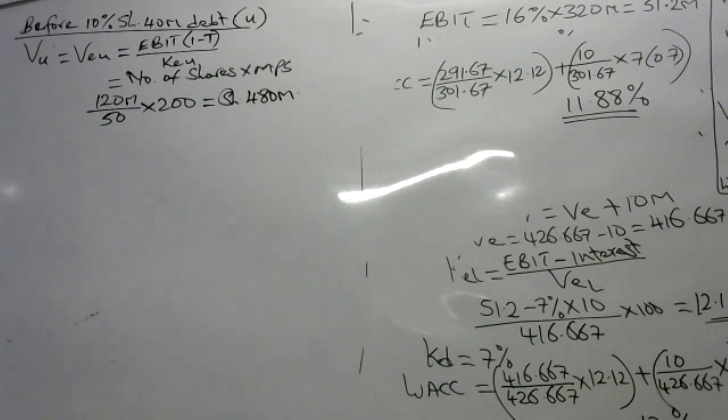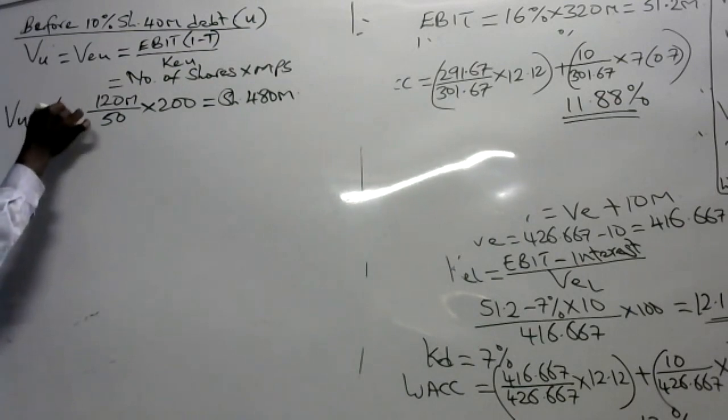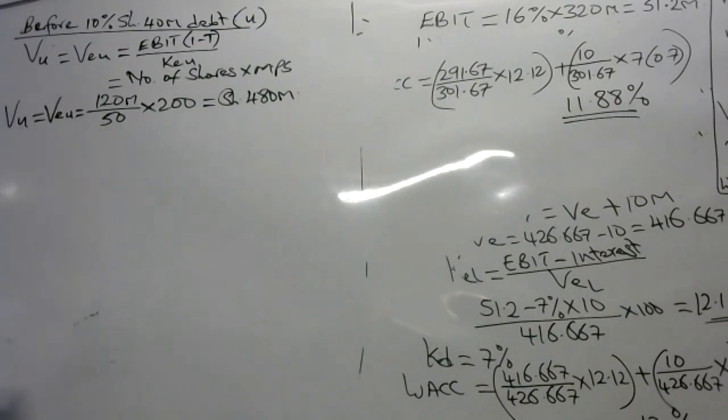So therefore, the value of the unlevered firm equals the value of equity of the unlevered firm, which equals that.